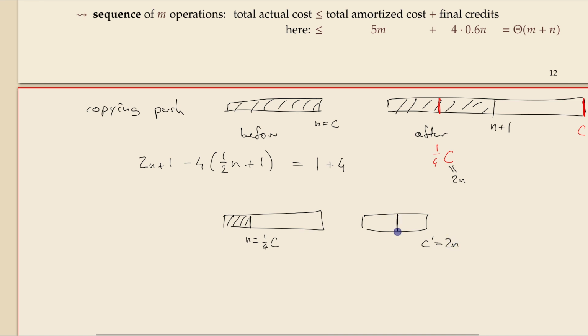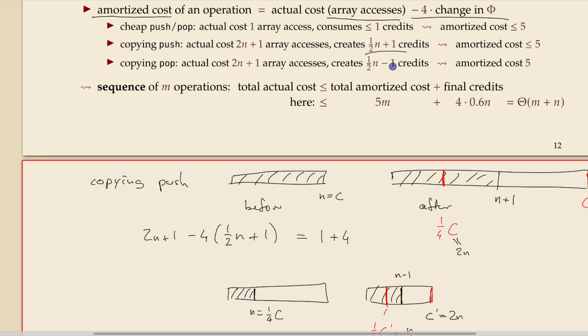So that means I'm now half filled, and actually 1 less, because I pop 1 element. And so again, the distance to the critical marks, 1/4 c prime, which again is n, quarter n and half. So again, the distance here is roughly 1/2 n. I get the minus 1 in this case because I'm one more to the left. So by essentially the same calculation, you again get a cost of 5.